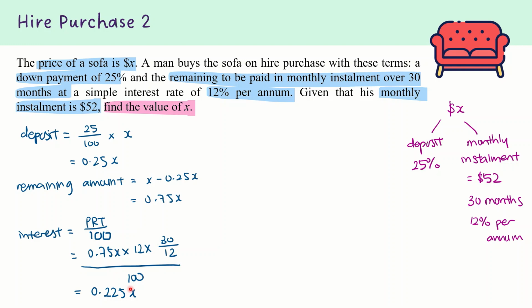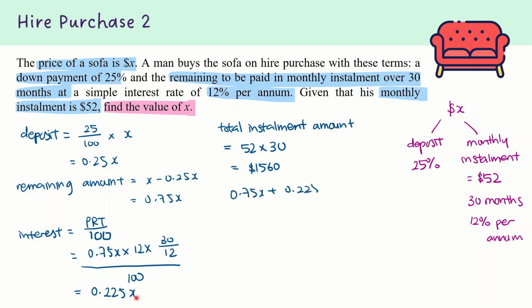Okay, so now moving on. Earlier on I mentioned the remaining amount plus the interest is actually the total of the monthly installments. So the total installment amount is actually $52 times 30 months, which is $1,560. So this 1,560 should be equal to 0.75x plus 0.225x.